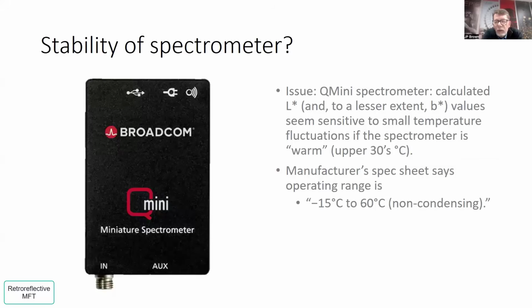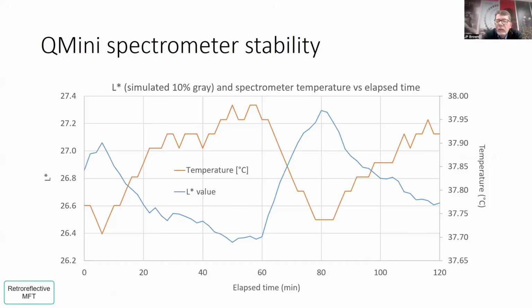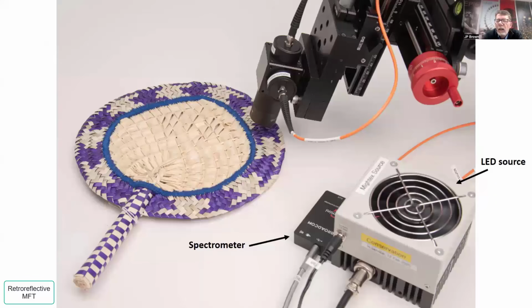Now, once you've got the light source under control, you're also going to want to characterize your spectrometer. And it appears, I've got to say, that the Q Mini is not stable at high operating temperatures. We ran into some issues with white reference stability when the spectrometer was running warm, so in the upper 30s degrees Celsius. And shifts in L values in that previous graph were probably a consequence of arranging the light source and spectrometer as shown in this image.